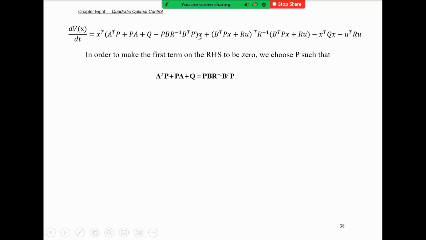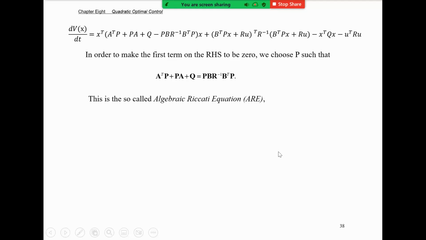I just rewrite this as the equation: A transpose P plus P times A plus Q equals PBR inverse B transpose times P. That looks like a very complicated equation. Remember, P is a matrix.